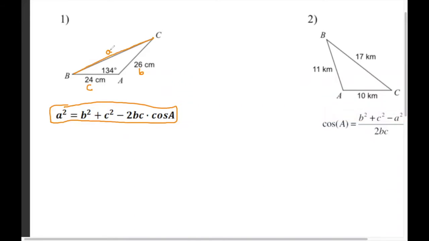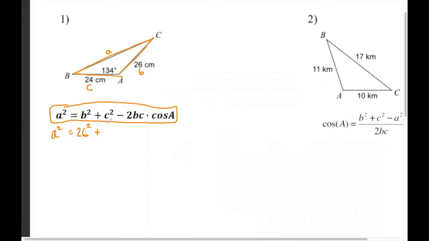So we don't know it, as you can see at the moment, so that is going to remain a squared. B squared is this side here. So that's going to be, well, B is the side, so the length is 26, and the formula says to square it, plus C squared, side C is this one.